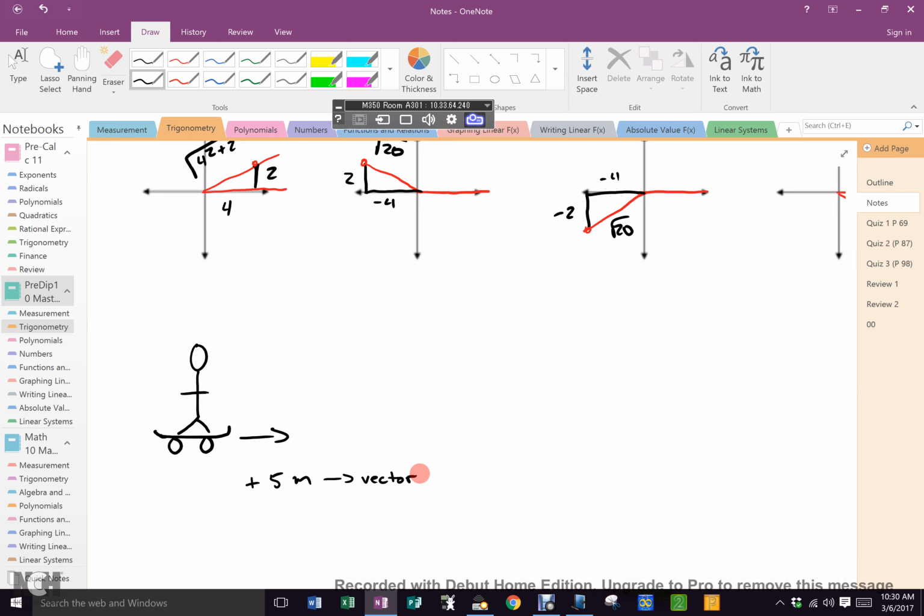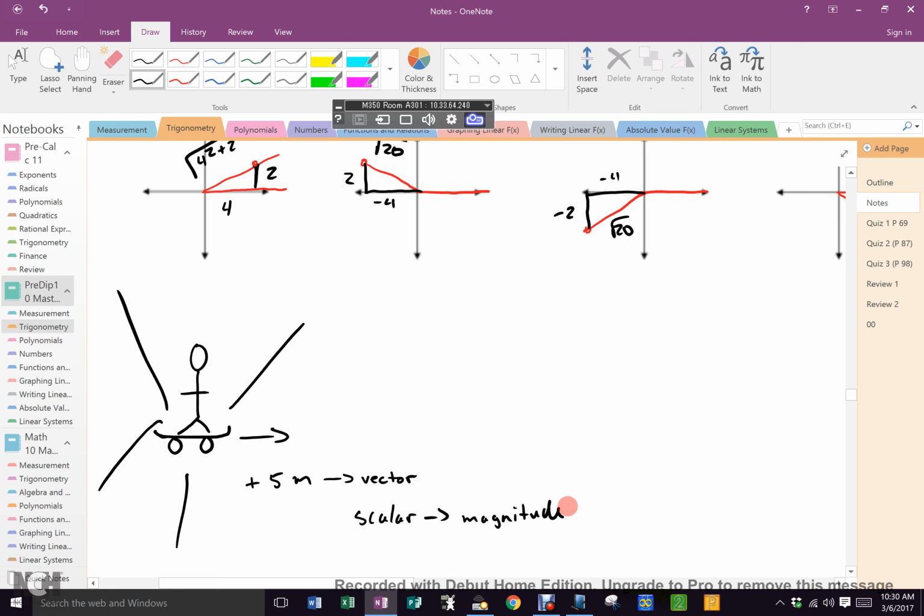Now, if I told you he skated 5 meters, where can he go? Anywhere. And that is a scalar, because that is what we call a magnitude. It is simply a distance. Okay? Your hypotenuse is scalar.